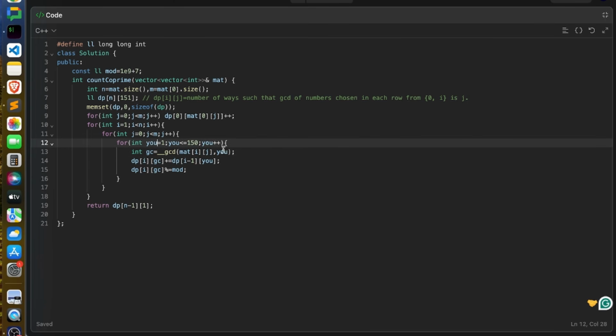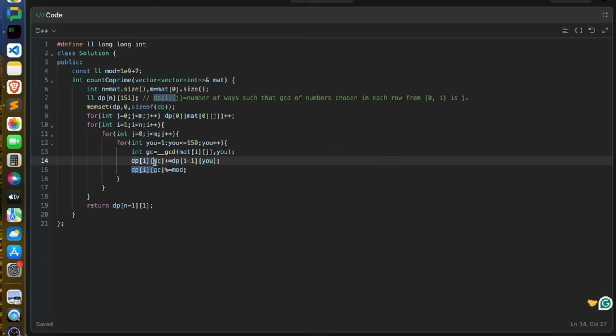Now what I'm doing here, I'm going through each of the possibilities of getting GCD in the previous row. As per the explanation, I have already explained that. This is all the possibilities of previous GCDs in the previous row. Now my current GCD is GCD of current number, this matrix of i j, comma, this previous number, right? So this is my new GCD.